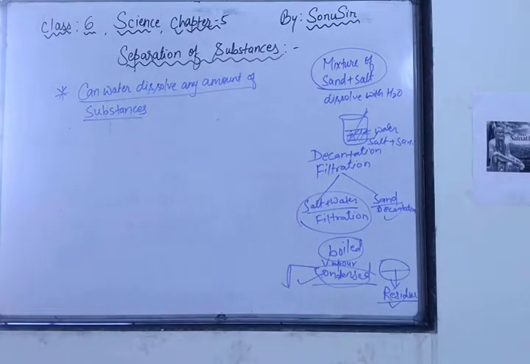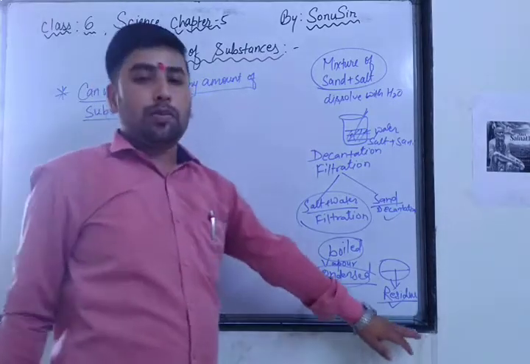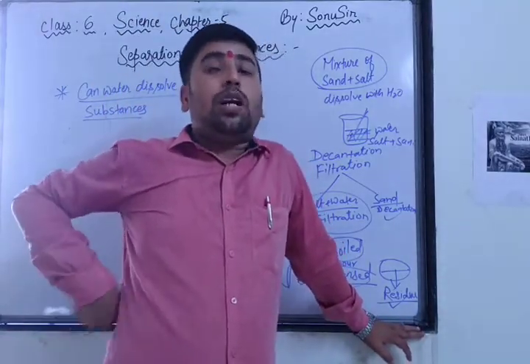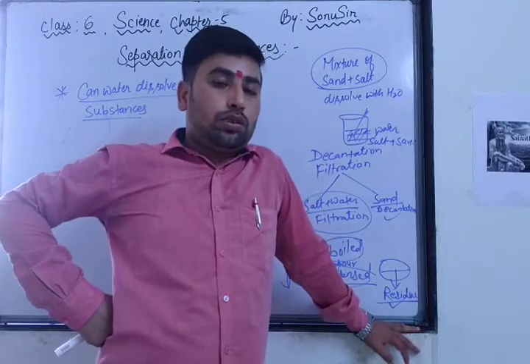Means if you are going to make a sugar solution, means sarbat, you want to prepare a sarbat. So 3 liter water and 1 kg sugar, can we mix it? Can we make a sugar solution, means sarbat, with that? Or 1 liter water and 3 kg of sugar?